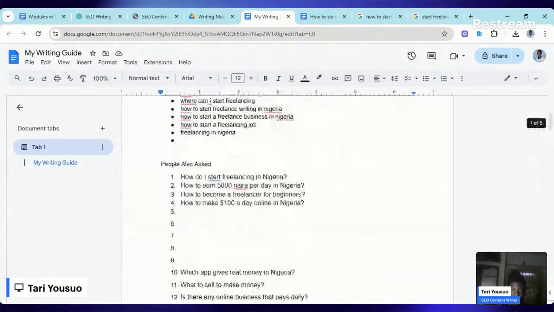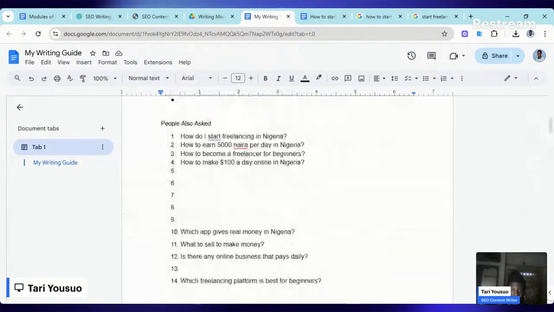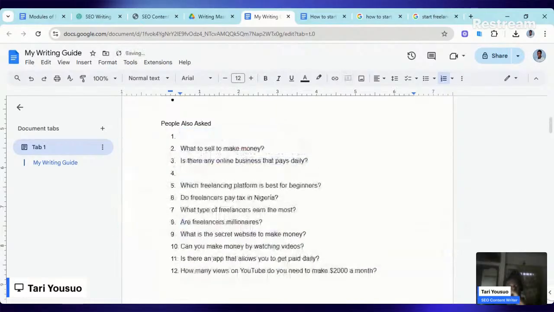So I think basically we should remove these ones since we've concluded that we are not going to use them. So what to sell to make money? That's the thing. Is there any online business that pays daily? And this is really important to what we're doing here.